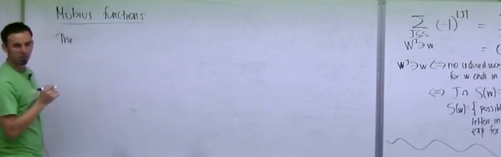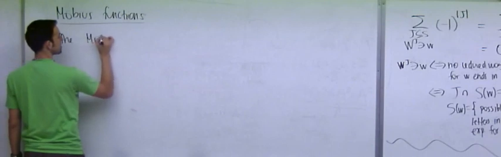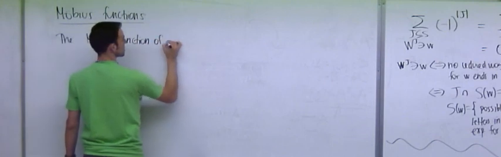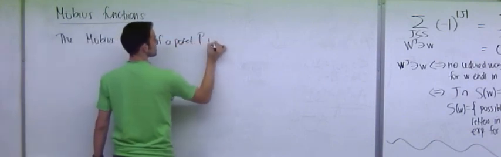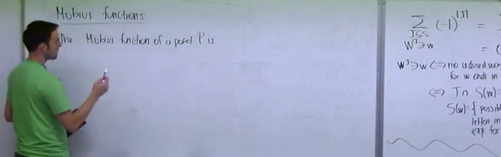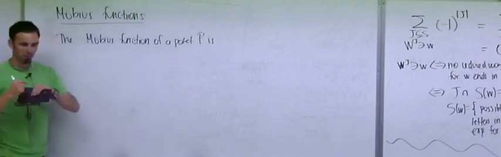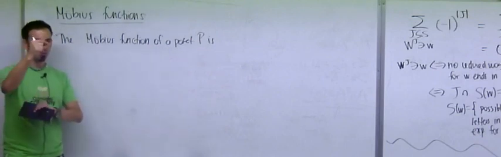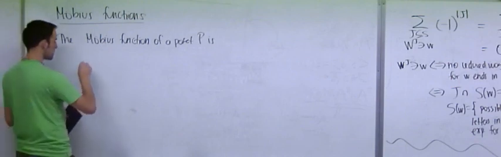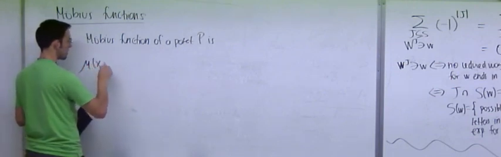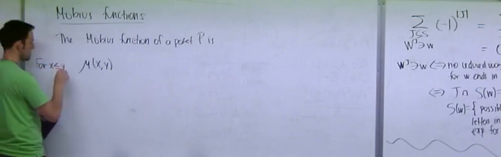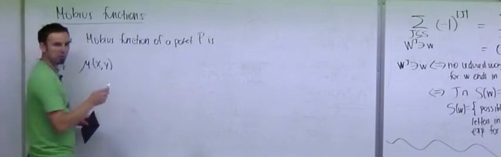Each poset has something called a Möbius function. What this is, is that for every pair of elements x smaller than or equal to y, you get a number. The number is called mu of x comma y. And this number is defined recursively.